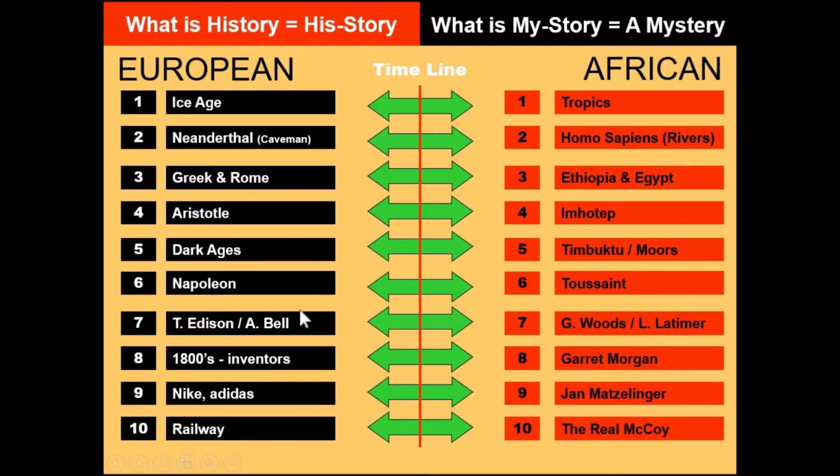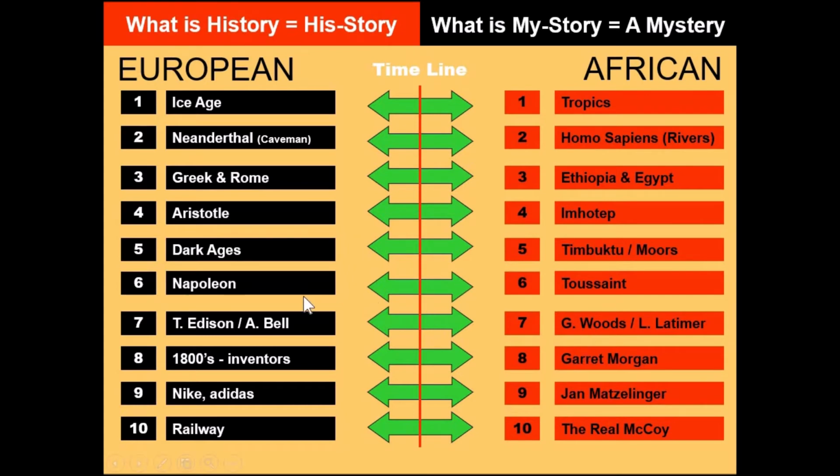Napoleon, a French general that went around the world colonizing certain parts of Africa and the Caribbean, so turning these countries and islands into French property.